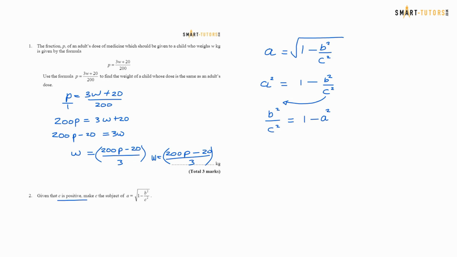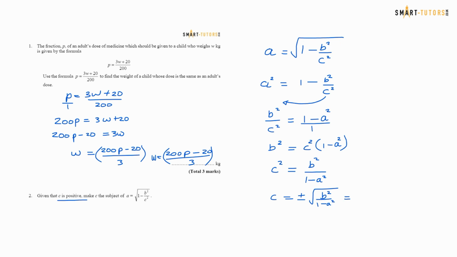So I'm going to do the cross multiply and say B squared, when you're doing the cross multiply, 1 minus A squared over 1. So B squared equals C squared times 1 minus A squared. So from this we can make C squared the subject by dividing B squared by 1 minus A squared. So C equals, if you take the square root of both sides, plus or minus the square root of B squared over 1 minus A squared.